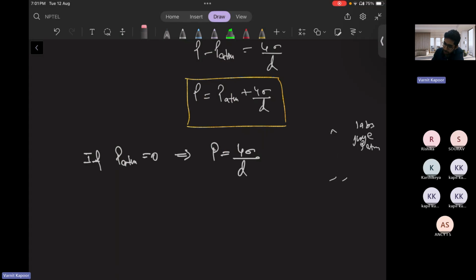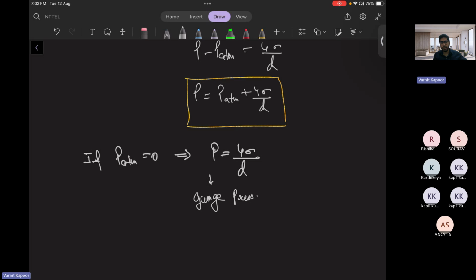We will draw this again in the pressure measurement chapter. Don't worry, I'll explain in detail how this is done. So P atmosphere is not given because we are finding the pressure with respect to the gauge, not in absolute terms. And it makes sense because P atmosphere can be different at different altitudes.